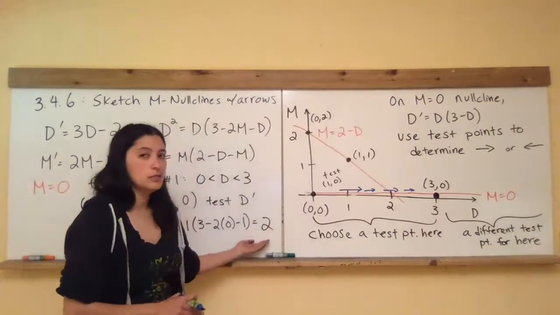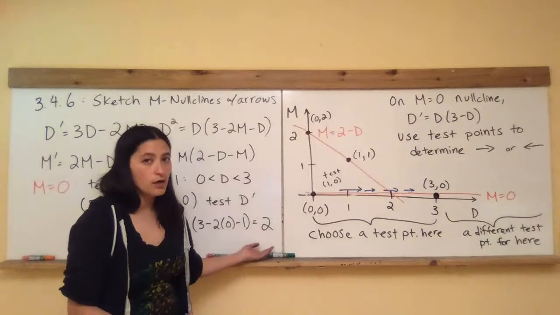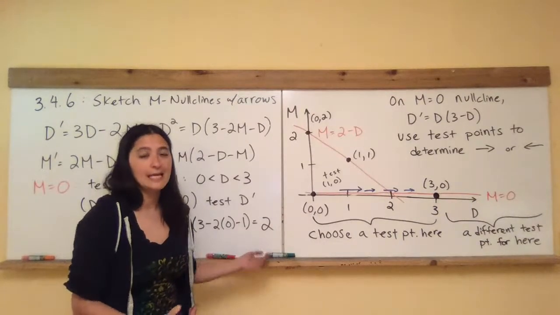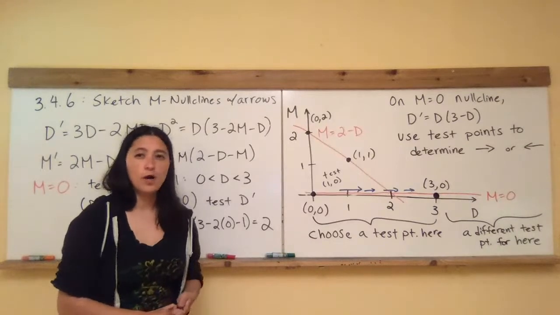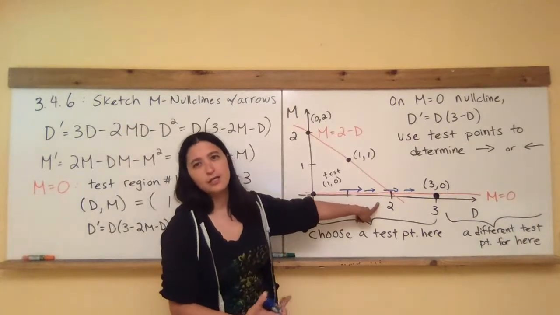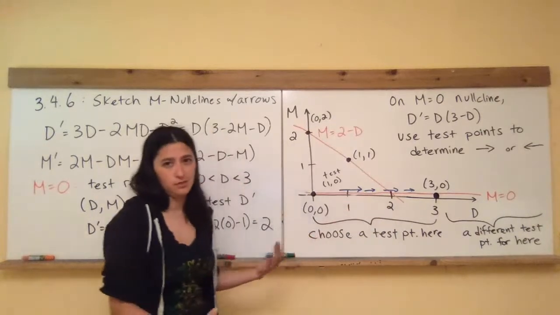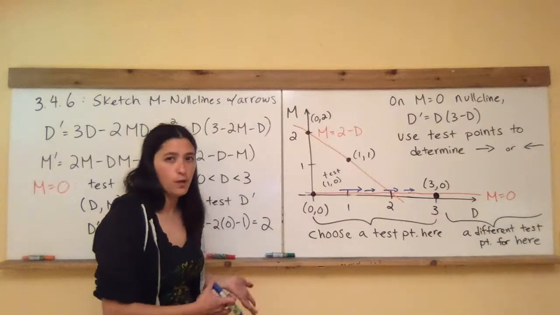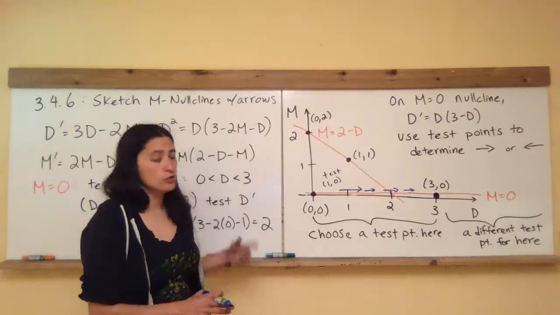They're not all going to be equal to 2, but they are all going to be greater than 0. So we say they're qualitatively the same. They're not quantitatively the same. You might get 1, 0, but they're all positive.